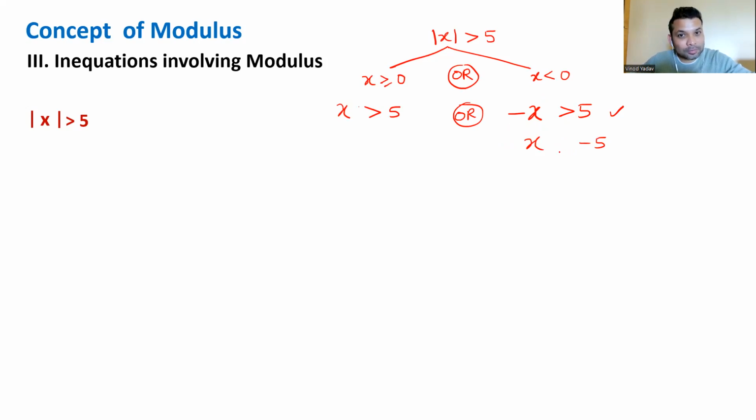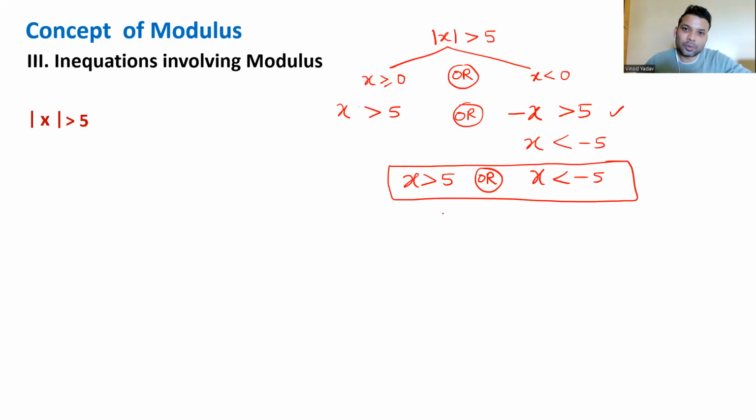Multiplying both sides of an inequation by a negative, the inequality symbol has to change, right? So summarizing this: x more than 5 or x less than minus 5. Got it? This is with respect to the definition logic.